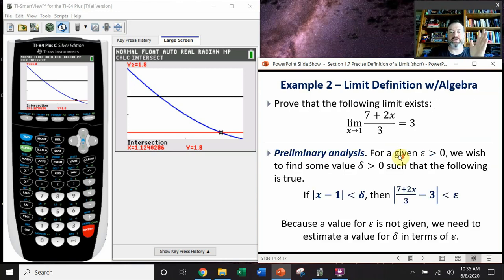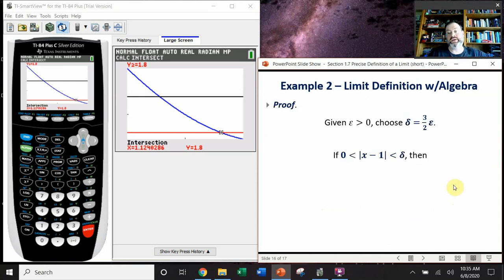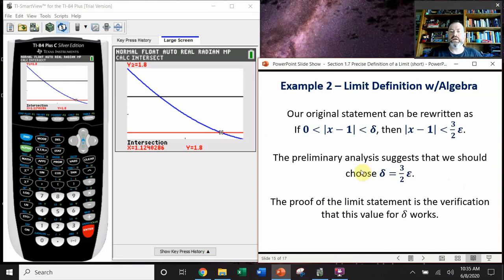Again, just to review. We want this left-hand side to look like this left-hand side. As soon as we do that, we can set this right-hand side equal to this right-hand side. That's what we did. So this suggests we should choose delta to be 3/2 epsilon.